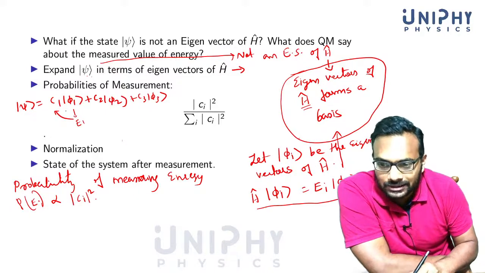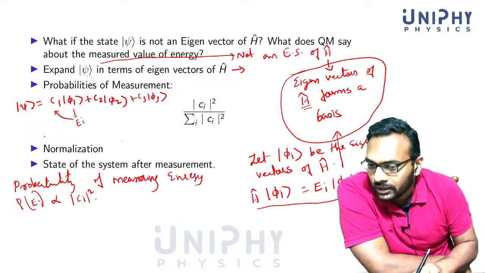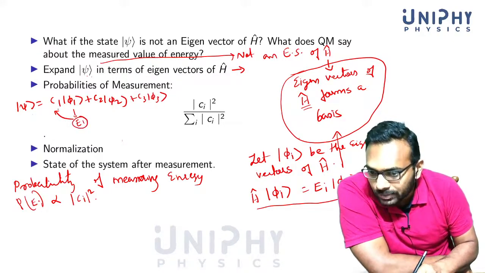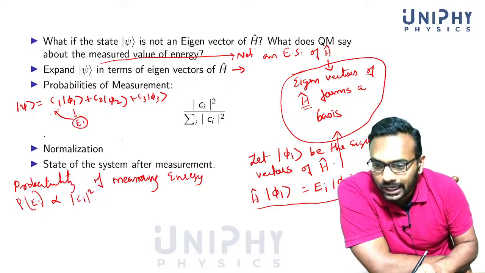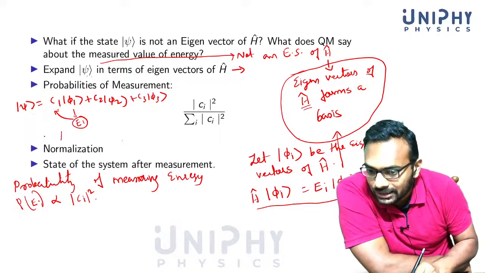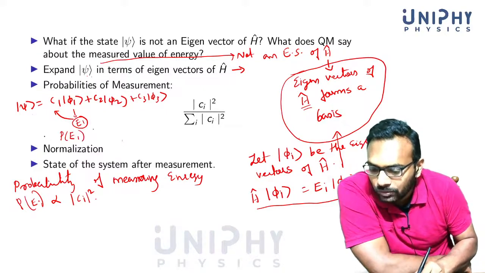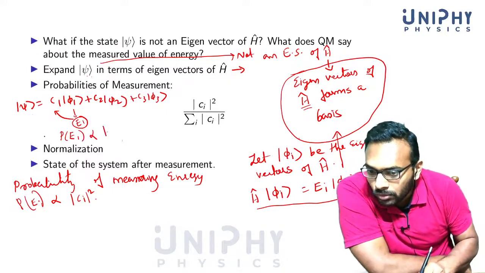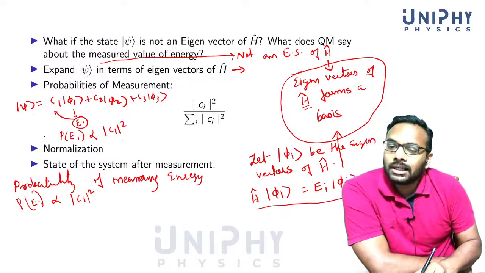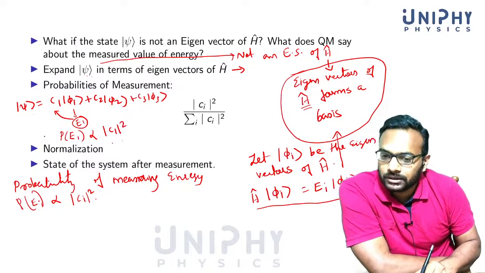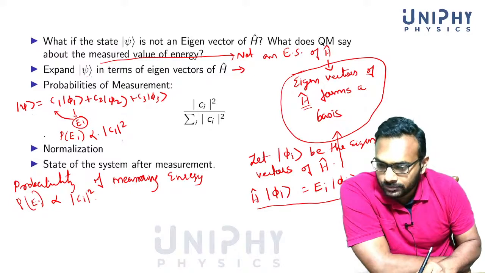We have expanded the state in terms of these eigenvectors. Quantum mechanics says that the probability of measuring E1 is proportional to the modulus square of that particular expansion coefficient.